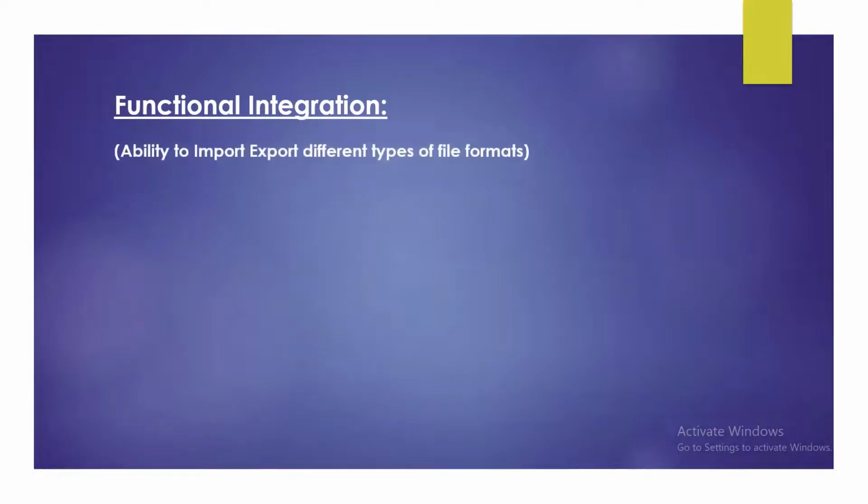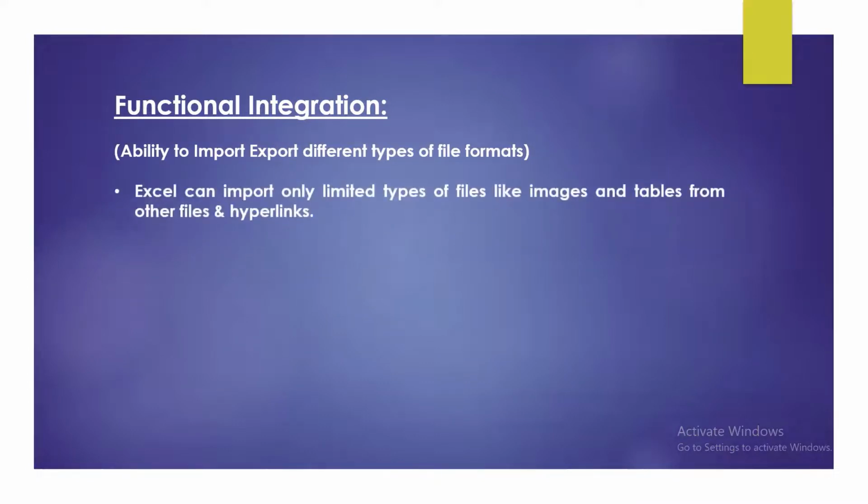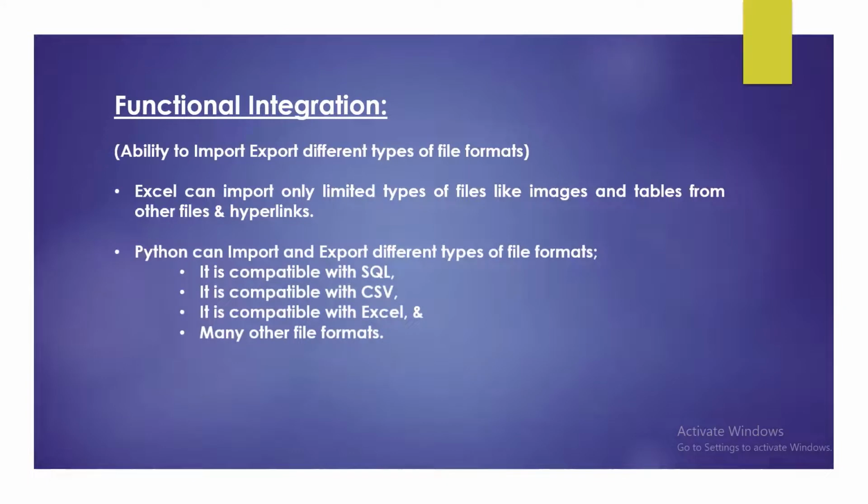The next feature which makes it better than Excel is its functional integration, which means the ability to import and export different types of file formats. When we see Excel, it can import only limited types of files like images and tables from other Office files and hyperlinks of limited data files. But Python can import and export different types of file formats.